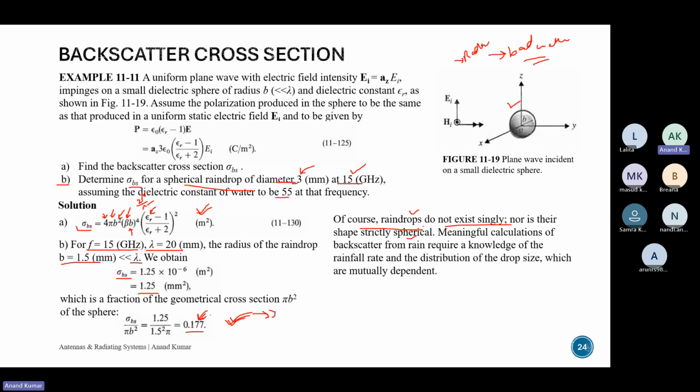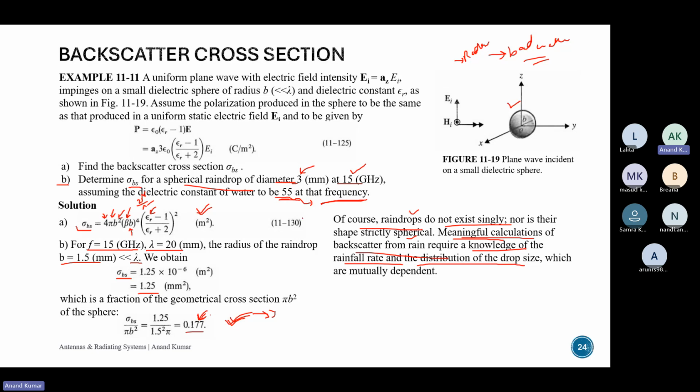And again, the permittivity is taken to be 55, but this is almost constant throughout the frequency range. So all these approximations are kind of okay, and meaningful calculations of the backscatter from the rain require the knowledge of the rainfall rate and the distribution of the drop size.